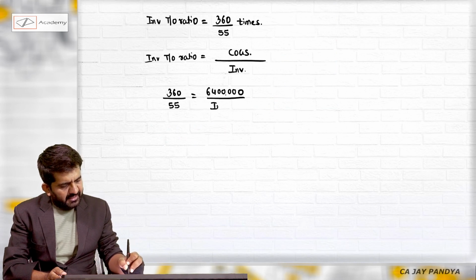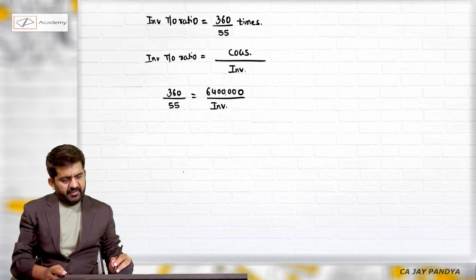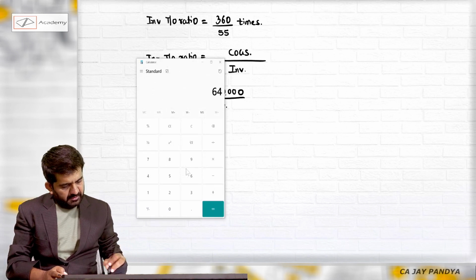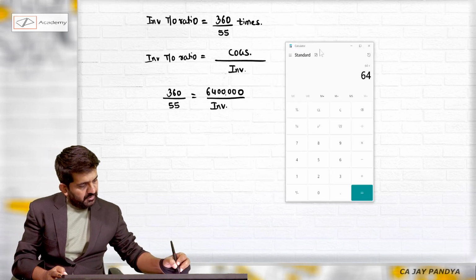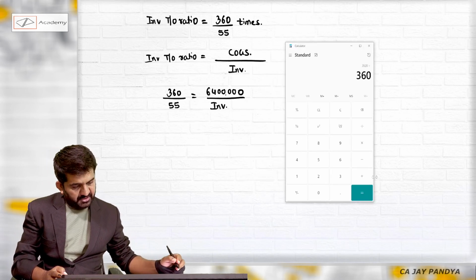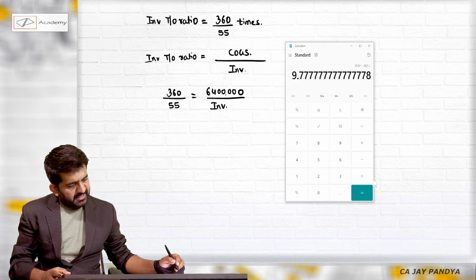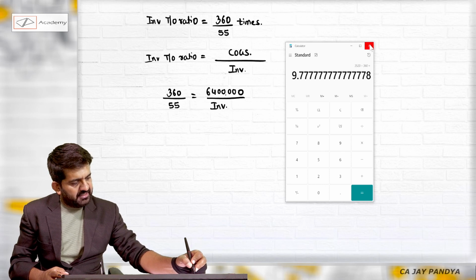I will be getting the answer of inventory. Inventory will be 64 lakhs into 55 divided by 360, which is 9,77,777.